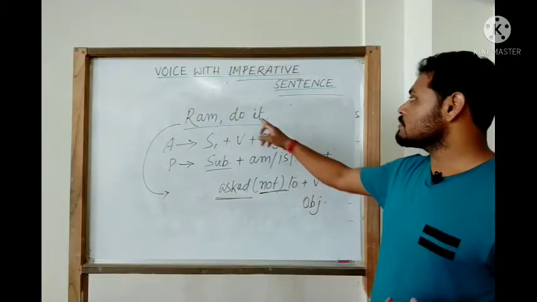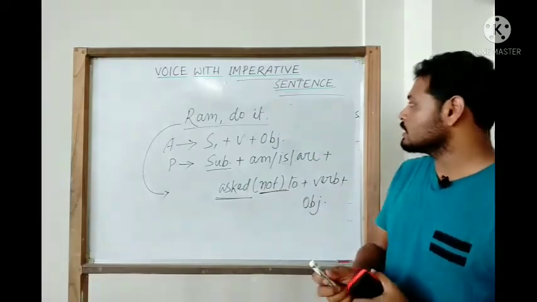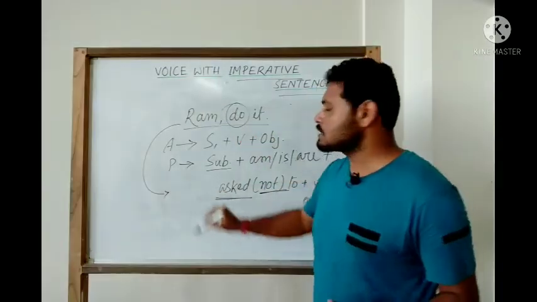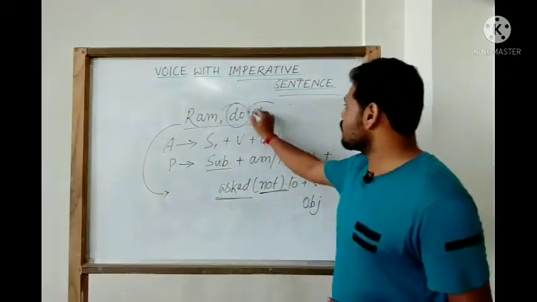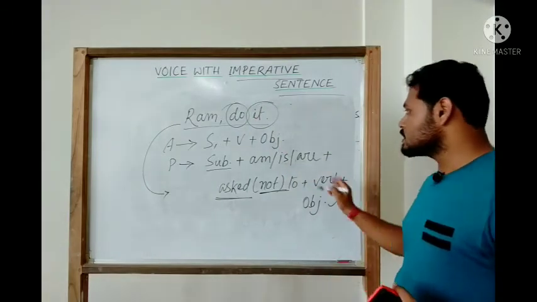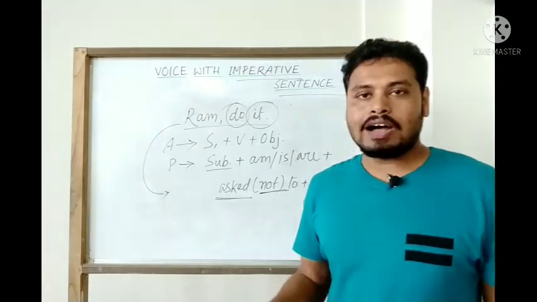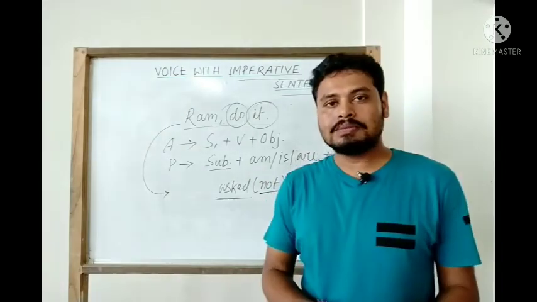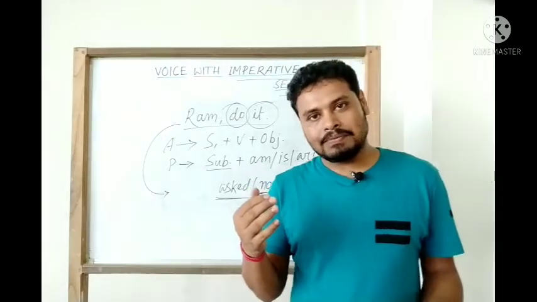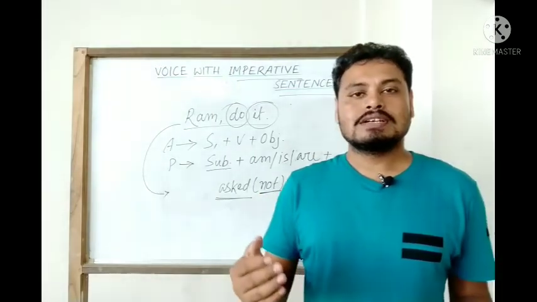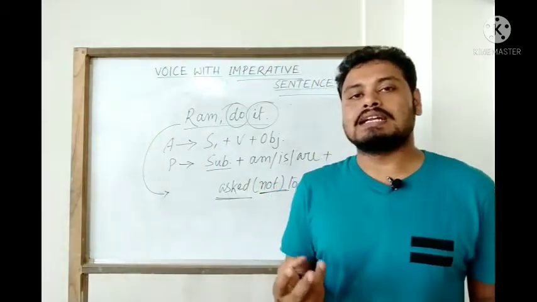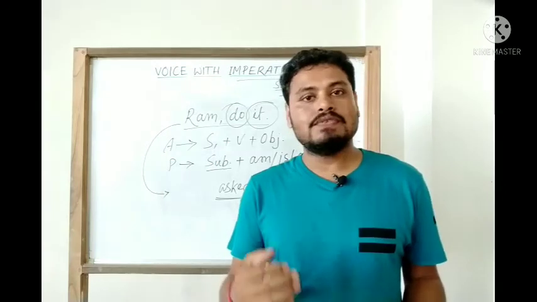Then we have to use the verb that is given in this particular active voice, and the same object we have to use here, which is given in the active voice. So this is how you can change the imperative sentences, all three types of imperative sentences, from active to passive.